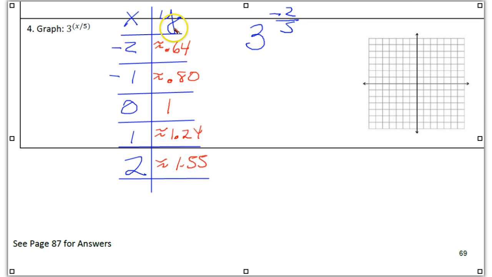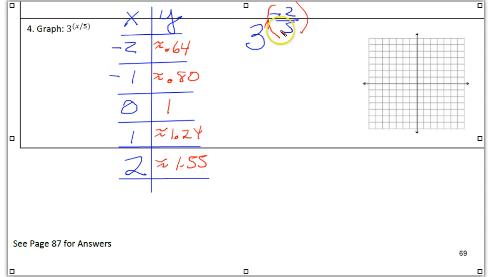Now I think you have the pattern of what we're going to be doing. So for example 4, we make a t-chart, put in our x values, and then put them into this form. Now this is a negative exponent, and I just put this into my calculator. 3 caret, then I put this, negative 2 divided by 5, enter, and I get approximately 0.64.